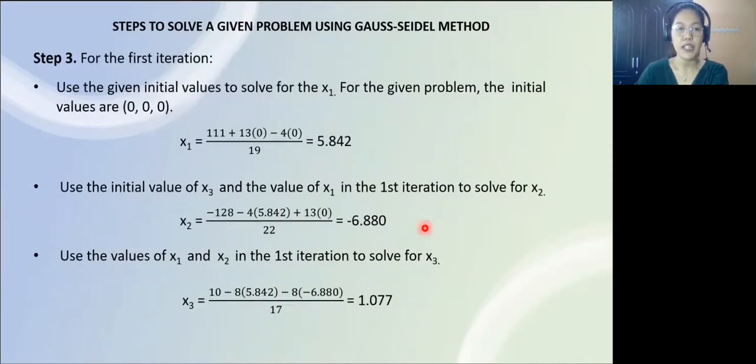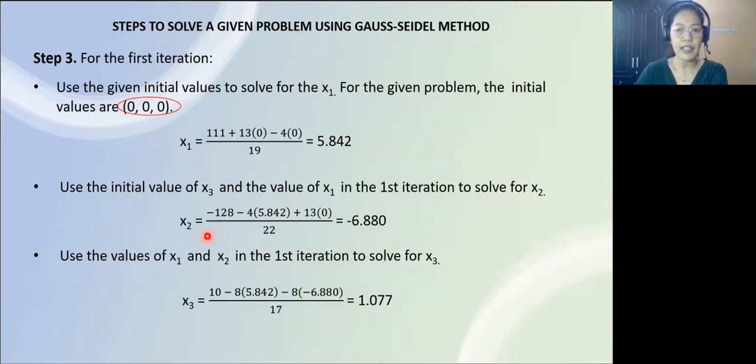For step number 3, for the first iteration, to solve for x1, we will be using these given initial values. Substituting these values into this equation, x1 will be 5.842. As I have said earlier, we will be using the latest value of the computed variable in solving the current unknown.